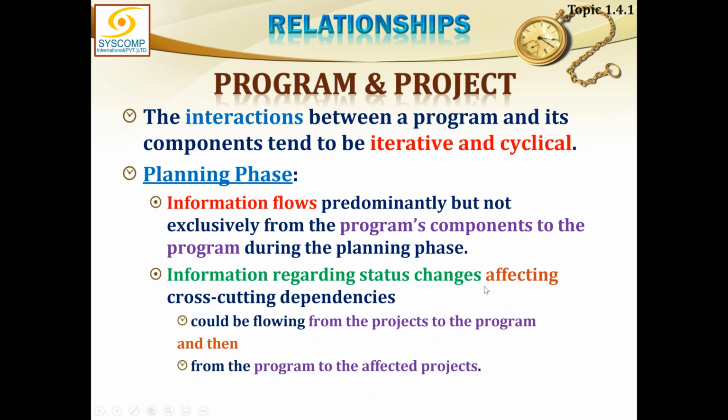Information regarding status changes affecting cross-cutting dependencies could flow from projects to the program and then from the program to the affected projects. This is exactly what I have already explained, that information may flow up and down, but mostly it appears to be moving from components to the program.